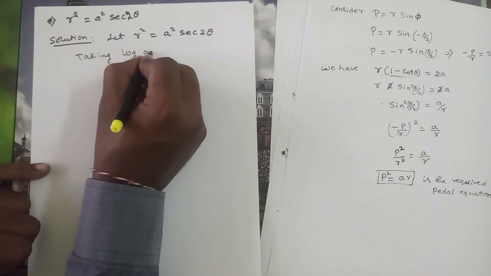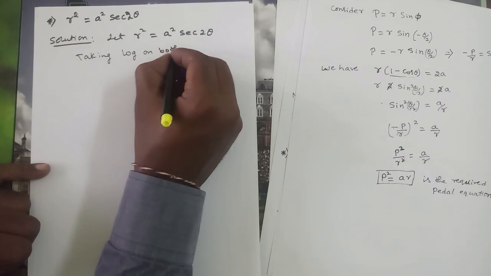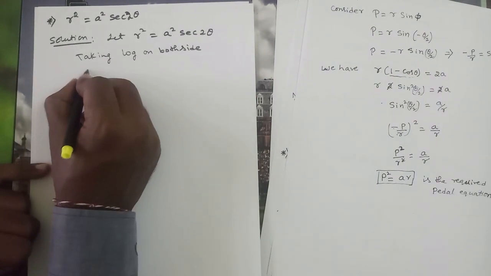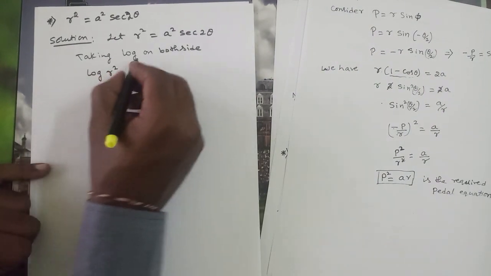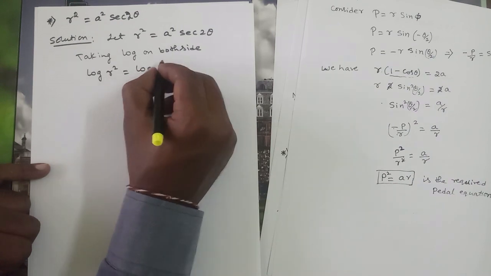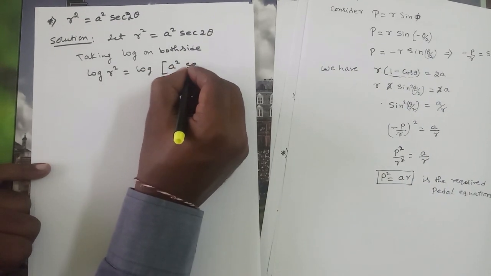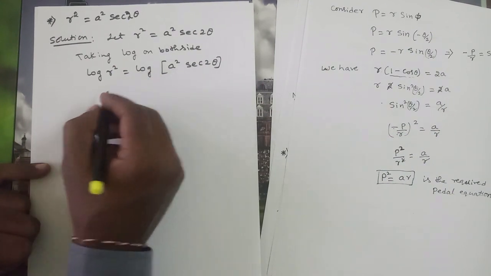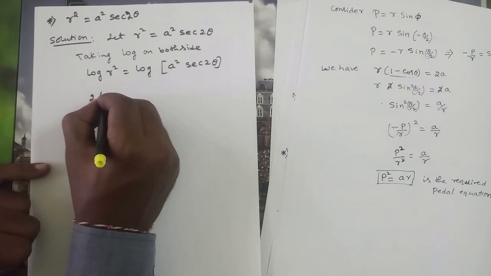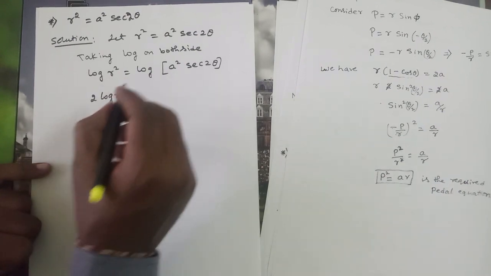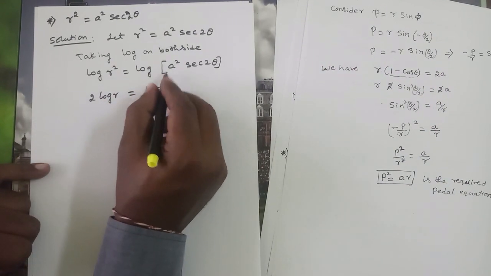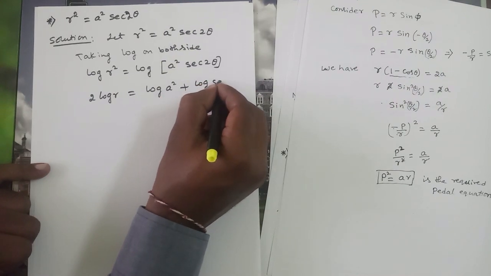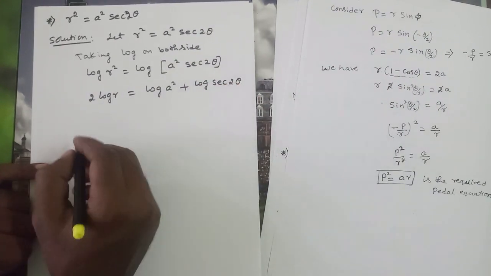Taking log on both sides, we get log r square is equal to log of a square into secant 2 theta. So this can be written as 2 times log r equals log of a square plus log of secant 2 theta.